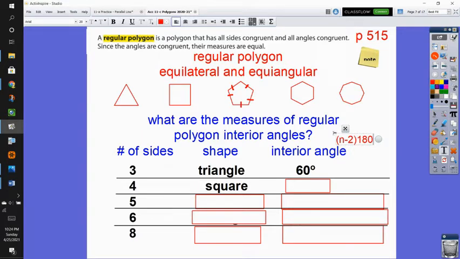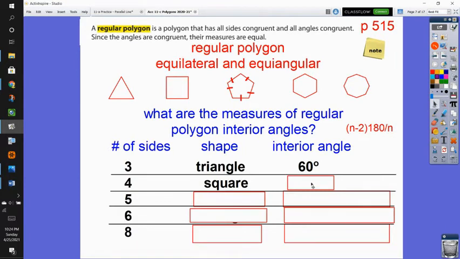So (n minus 2) times 180 divided by n is how you get the measure of each angle. For a square, you probably already know the angles are 90 degrees: 4 minus 2 is 2, times 180, divided by 4, is 90 degrees.